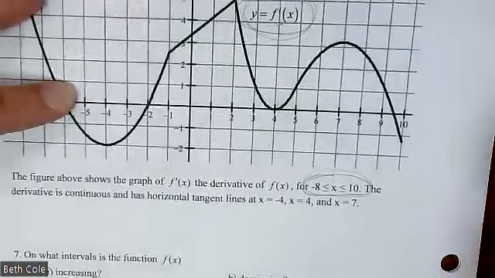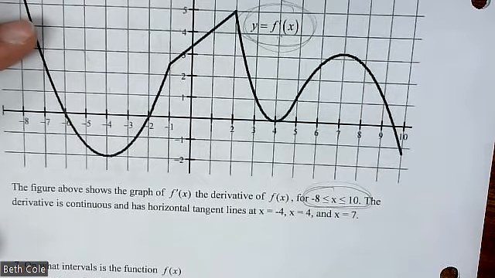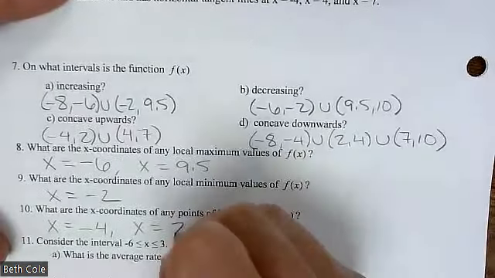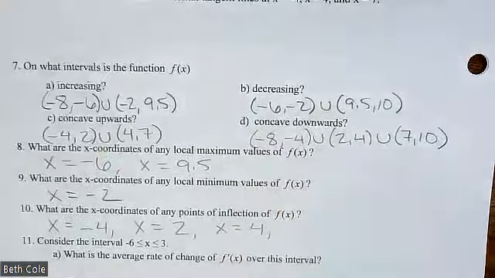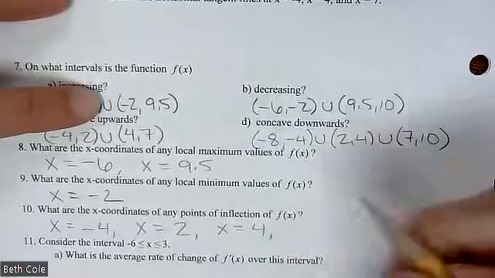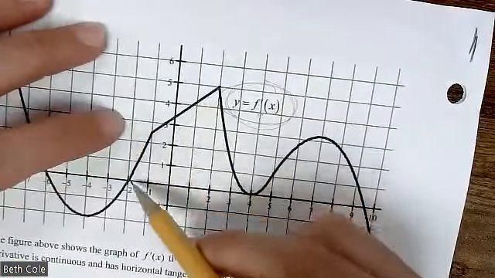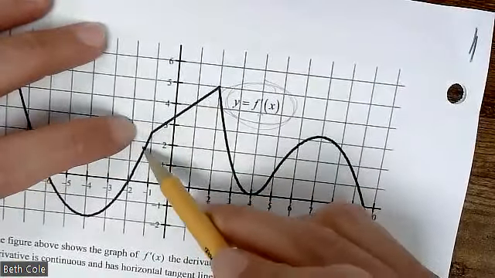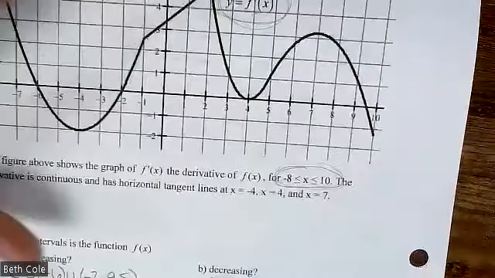What else? 2, good. You did not get hung up by the -1. Very good. 2, what else? 4, and one more, 7. Good. Why is -1 not? Yeah, that part's still increasing. You don't have a change to decreasing. That doesn't count, okay?